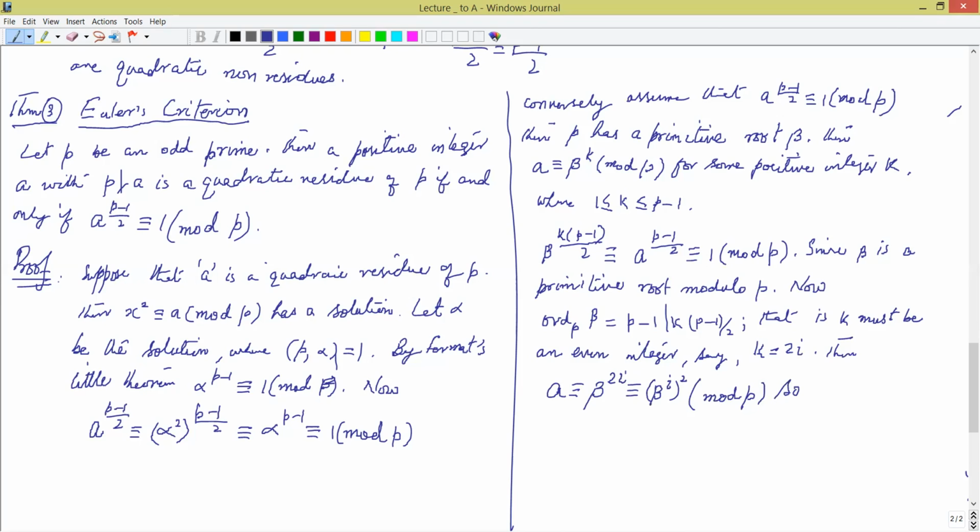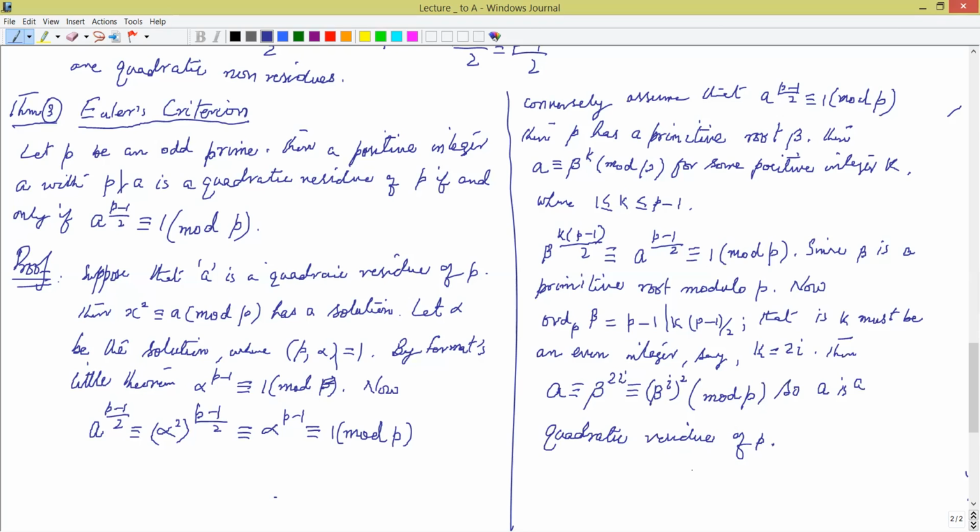So a is a quadratic residue of p, because the congruence is solvable.